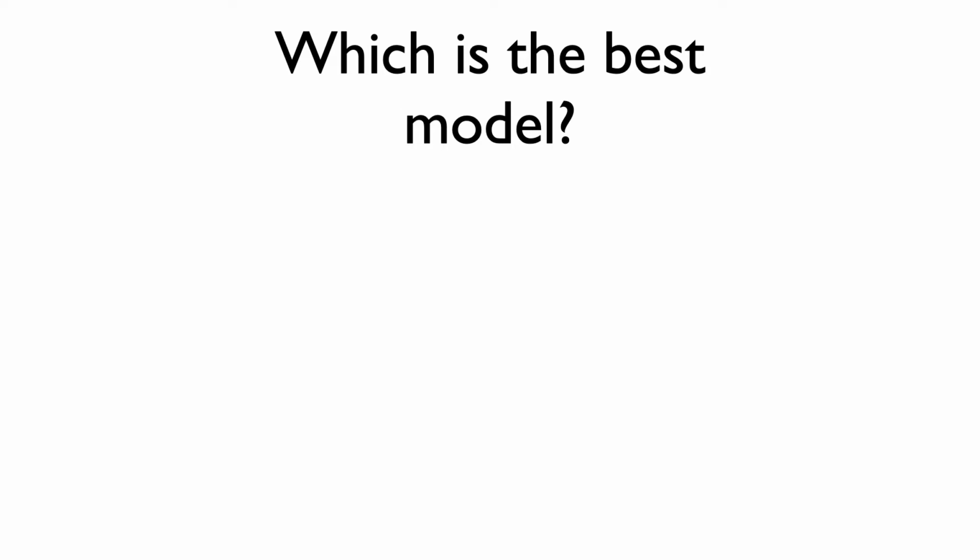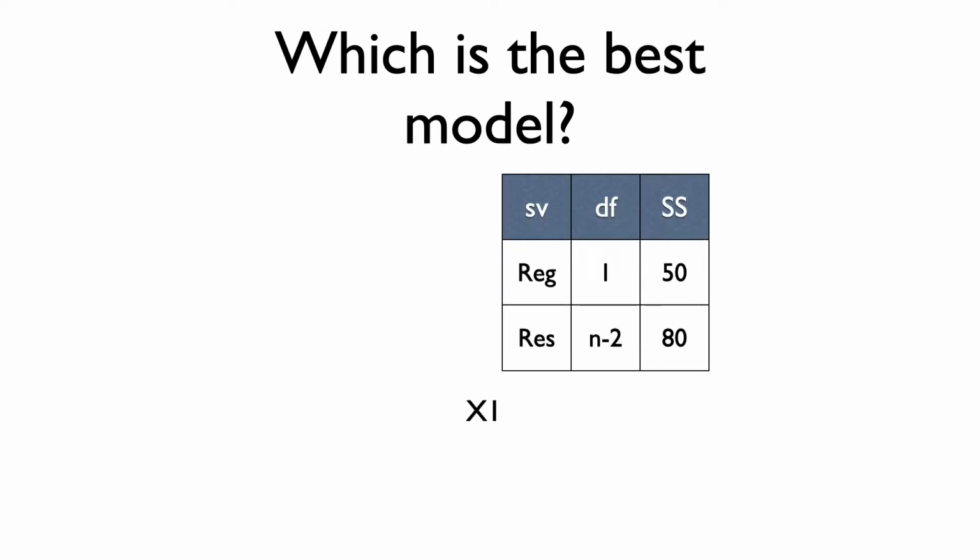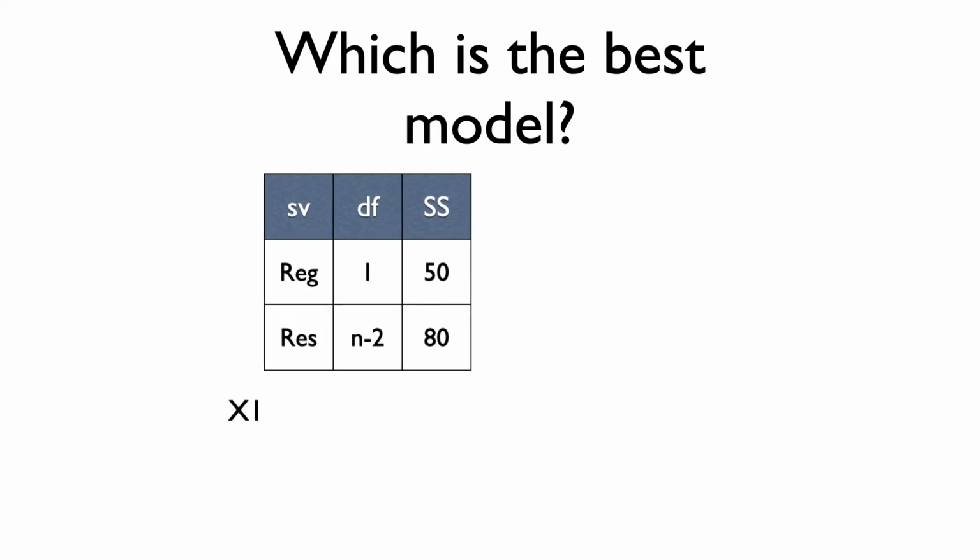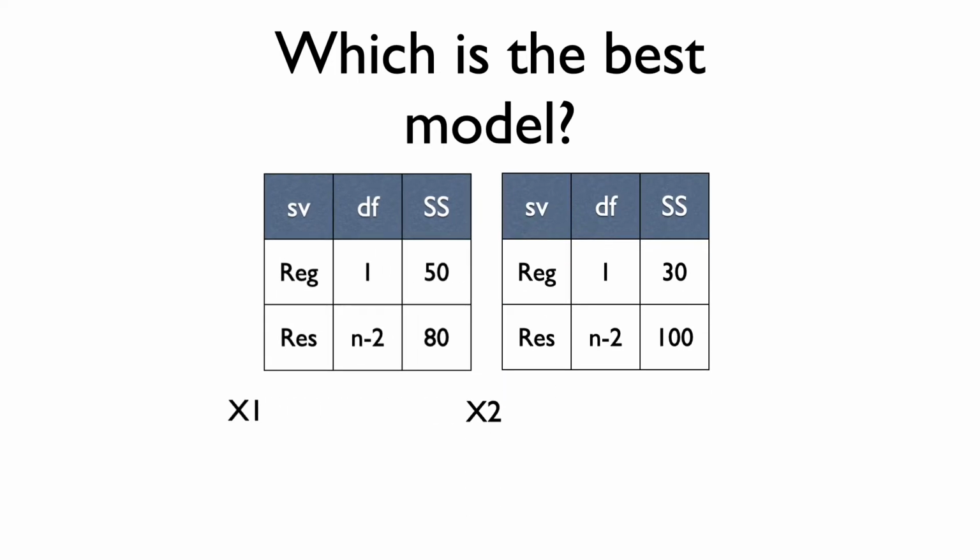Okay, here's something theoretical. I'm going to show you three theoretical models. Tell me which one is the best model. This one is just with x1: sum of squares regression is 50, sum of squares residual is 80. This one is just x2, with sum of squares regression of 30 and 100.